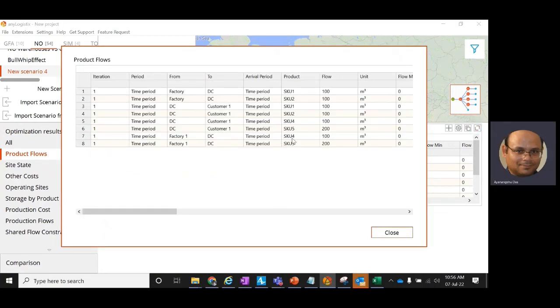Here, as expected, it is suggesting to manufacture SKU 4 in factory 1 because the selling price of SKU 4 was more. And SKU 5 it has to, because it's a hard constraint.